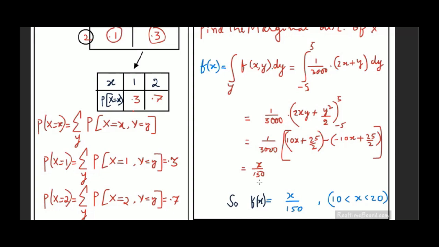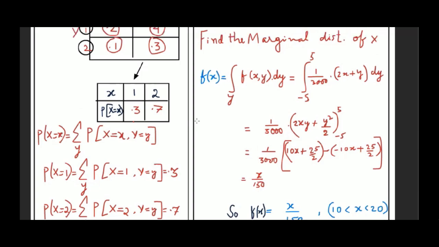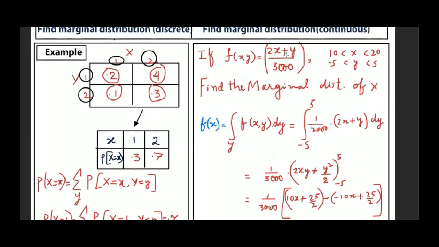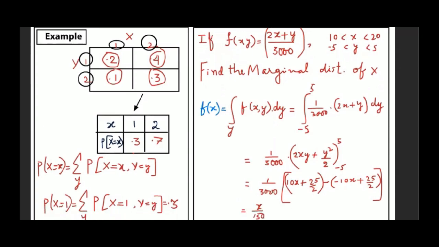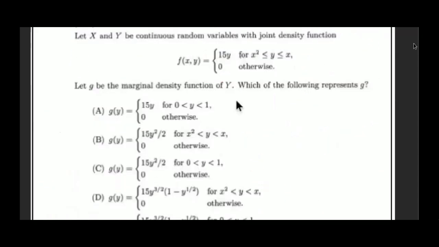But without finding fy, can you decide whether it is independent or not? It's possible, because if you see the question here, can you get 2x plus y by multiplying a function of x and a function of y? If you take x multiplied by y, maybe you will get it, but 2x plus y, I don't think so.